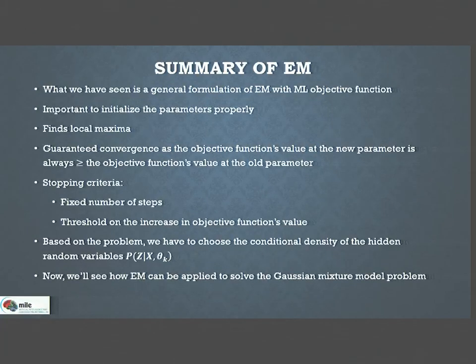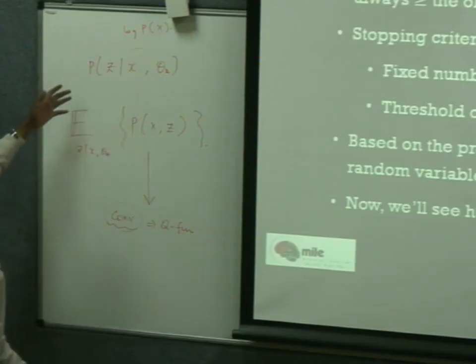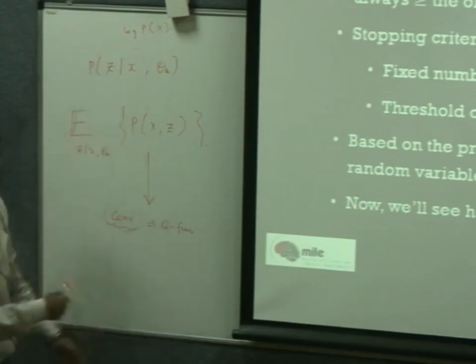As I told you, we have to calculate this density function, but what is the form of this density function? Is it normal or multinomial or binomial? We don't know. We can choose the form of this density function based on the problem in hand.